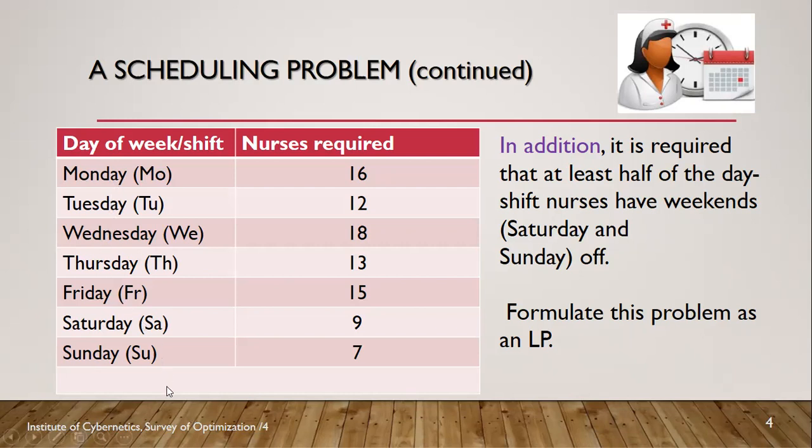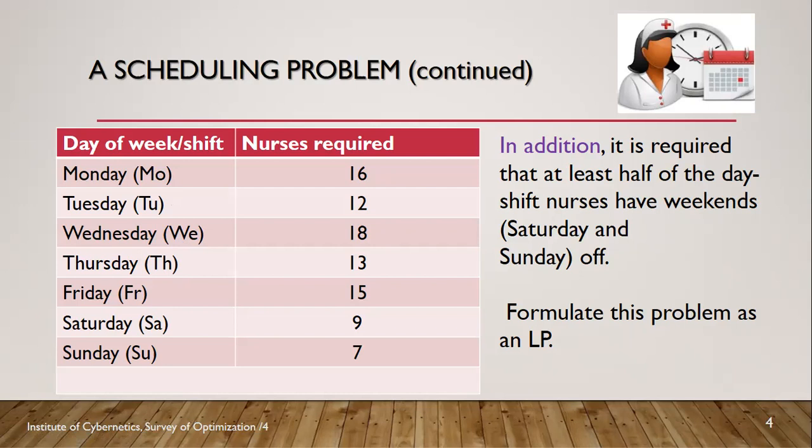Then we would denote the number of required nurses on a day as x sub i. For example, that would be x sub 1, x sub 2, x sub 3. The number of nurses required for Thursday would be x sub 4, and so on. So in other words, our definition of decision variables would be day focused.